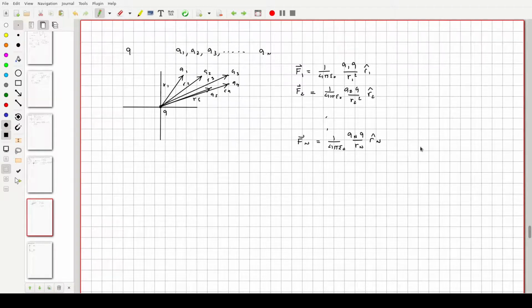Which looks like that. So the net force, which I'm just going to call F, is what you get when you add up all of these individual forces.